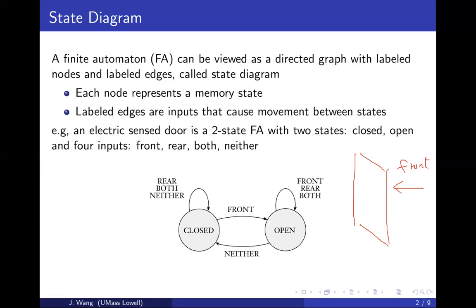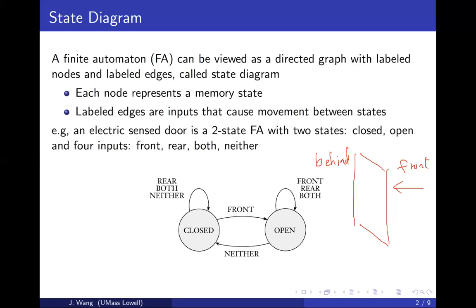It only opens automatically when a person wants to go inside, and this is behind the door. The door either remains closed, or is going to open, or remains open. So there are two states, right? That's for the door.